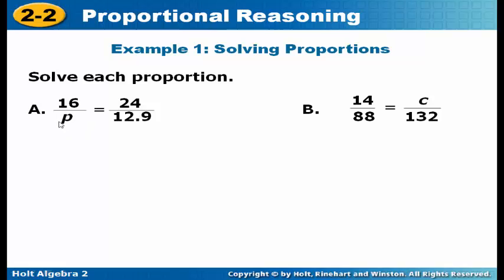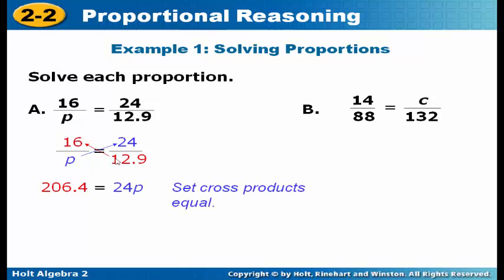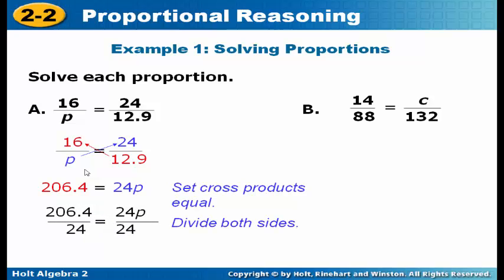To find the value of p, you can cross multiply. 16 times 12.9 equals p times 24. 16 times 12.9 equals 206.4. 24 times p equals 24p. Now divide both sides by 24. P equals 8.6.